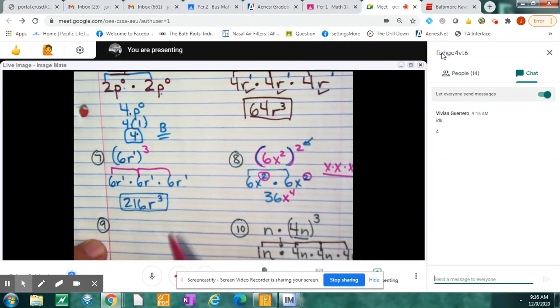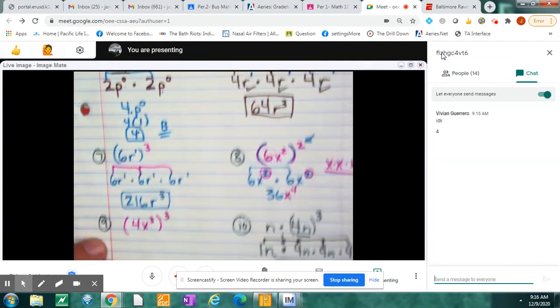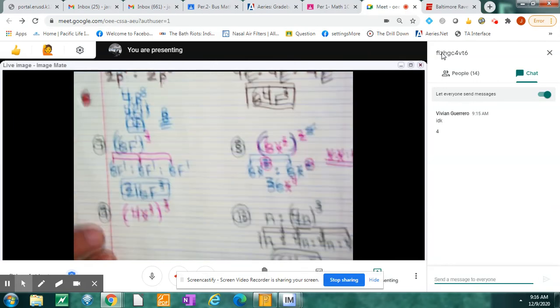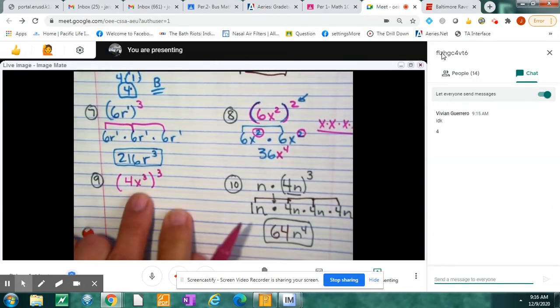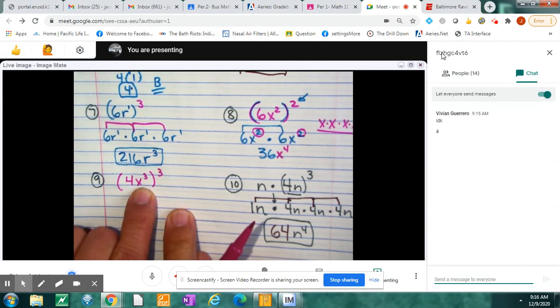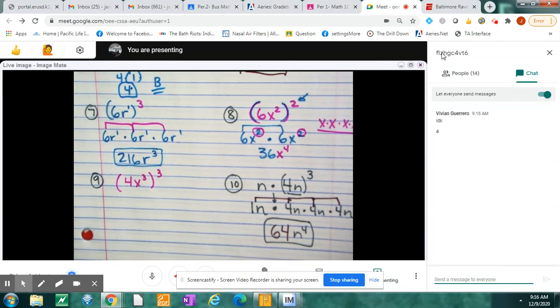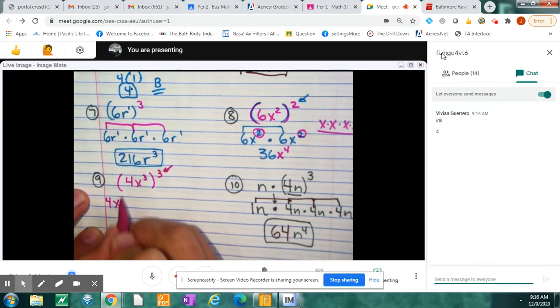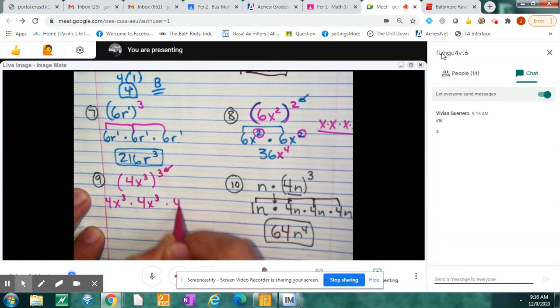Number 9. 4x to the third raised to the third. Vivian, I'm going to call on you on this one, see if you got it. I'll do the first part. 4x to the third is in parentheses, but I'm going to do it 3 times. So 4x to the third times 4x to the third times 4x to the third.